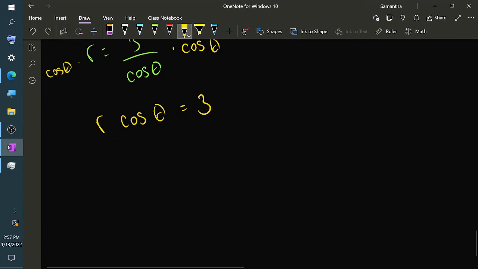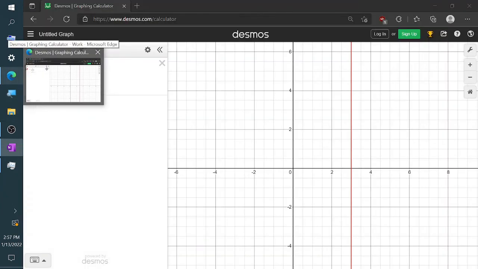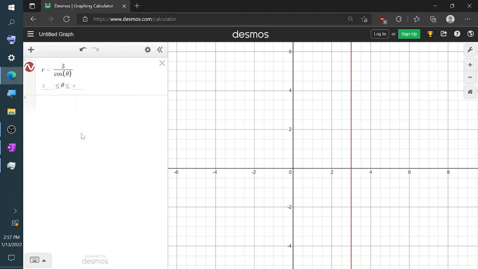Now r times cosine theta shows up in one of our conversion formulas between Cartesian and polar coordinates. r times cosine theta is equal to just x. So the polar equation r equals 3 over cosine theta is equivalent to the Cartesian equation x equals 3. And so that explains why the graph of this particular equation looked like a vertical line through x equals 3.